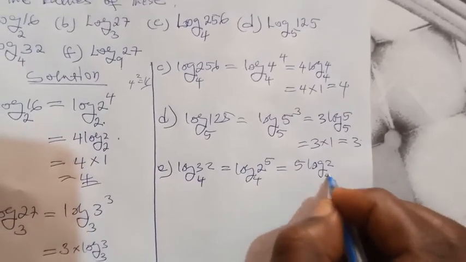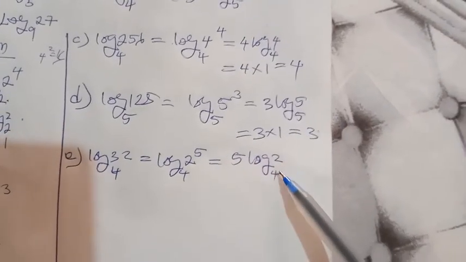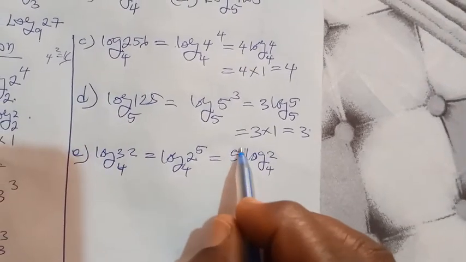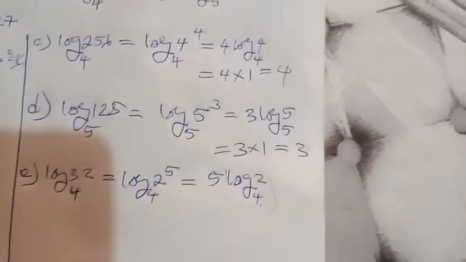Okay, I am not going to solve this the way I solved the previous ones. I cannot have 4 here. So the only way I can deal with this is to think of this somehow. What number will I raise 4 to give me 2? Easy.